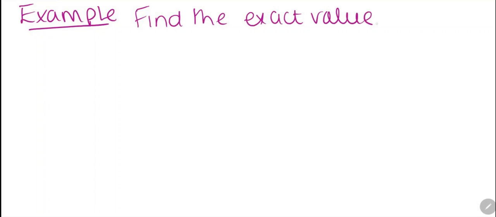Okay, so we have another example. So this time we're going to find the exact value of cosine 67.5 degrees.